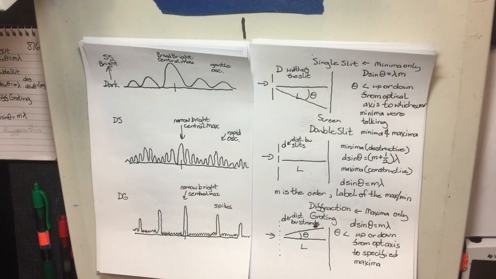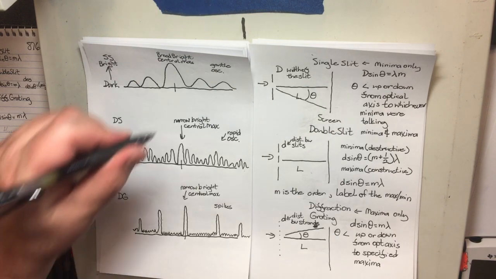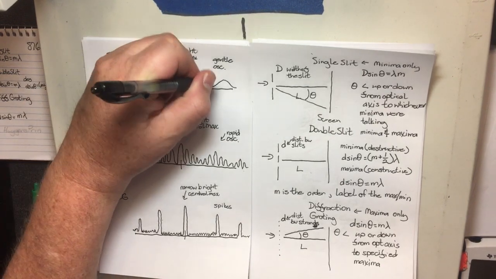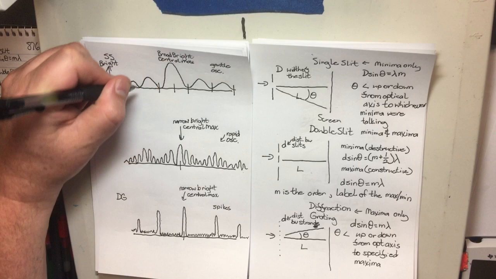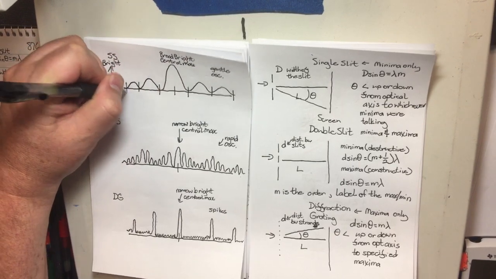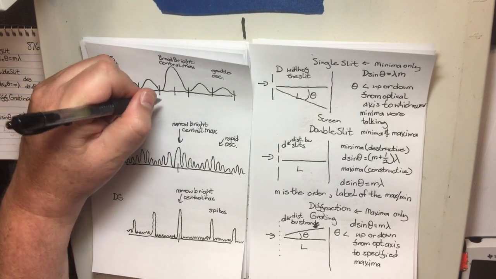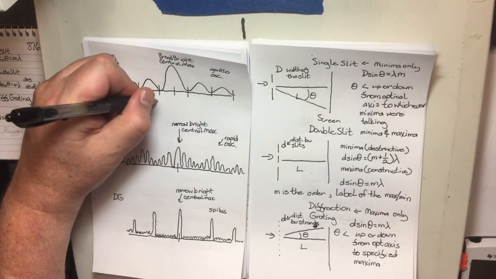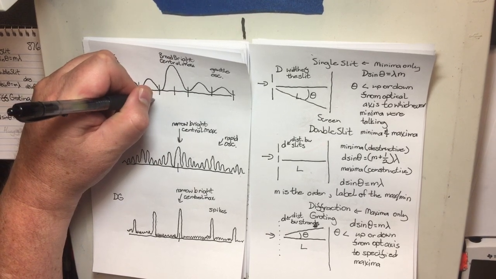When you're dealing with single slit, the minima are there. This is the central max, but you don't really care about it. All you care about are these.